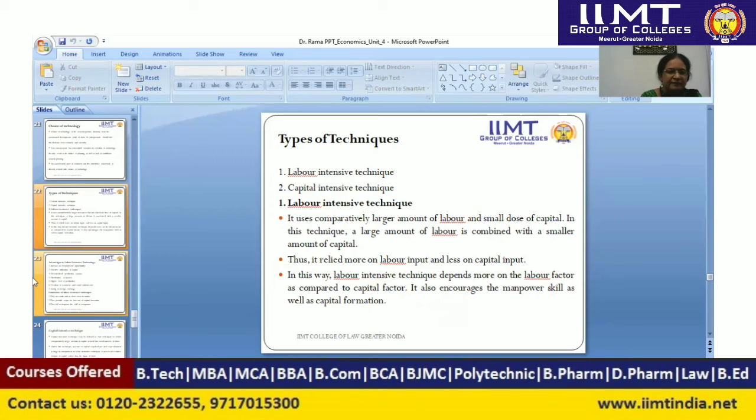Thus, it relies more on labor input and less on capital input. In this way, labor-intensive technique depends more on the labor factor as compared to the capital factor. It also encourages manpower skill as well as capital formation.